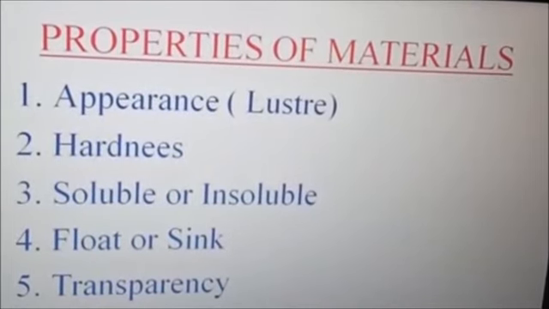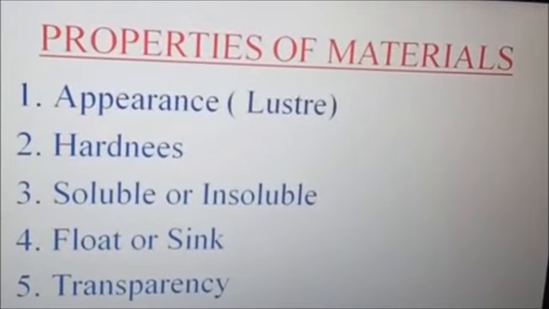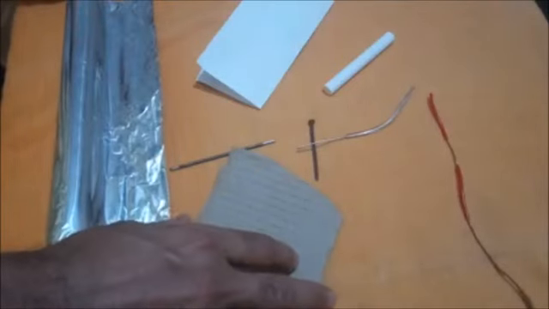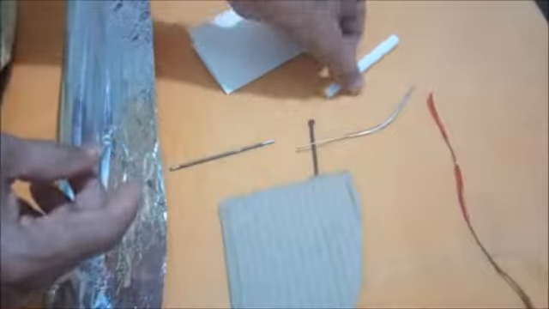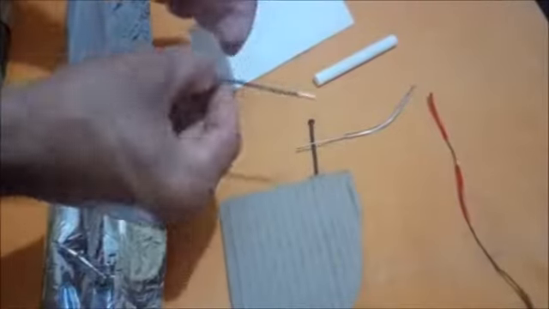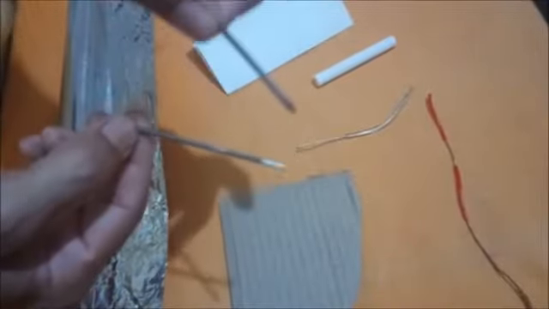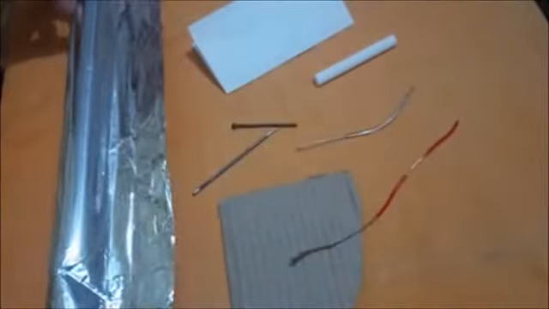Now, what is luster? In order to understand the lustrous property of the materials, let us do one activity. Here we have collected a few materials: one is cardboard, then a piece of paper, one chalk, then an iron nail, a copper wire and an aluminium foil.